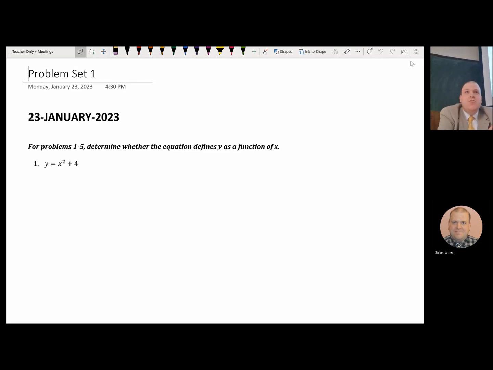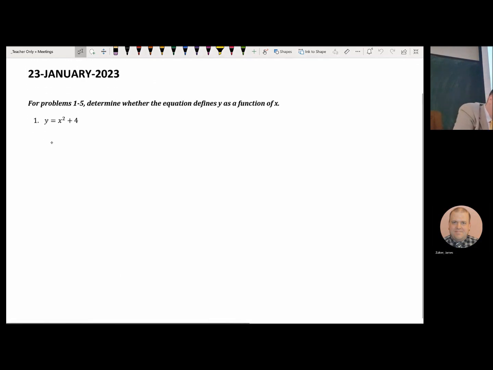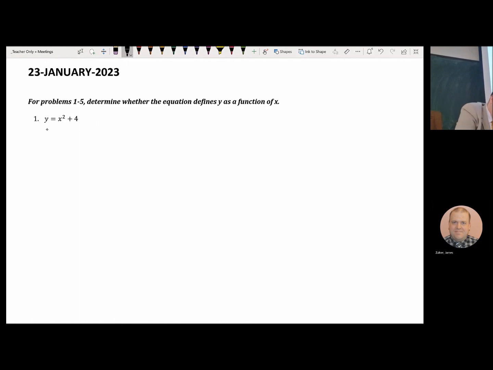There's no work that needs to be done here. y equals x squared plus 4. Pick a value for x. You're only ever going to get one y value, right? Specifically, square the x and then add 4. So this is a function.